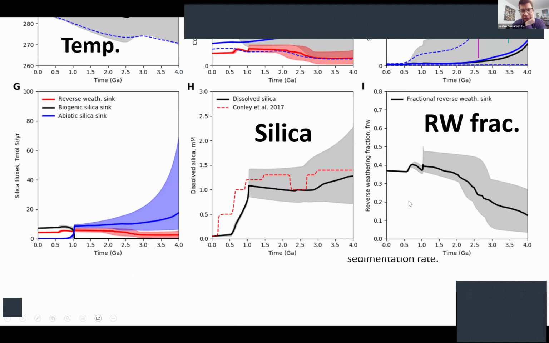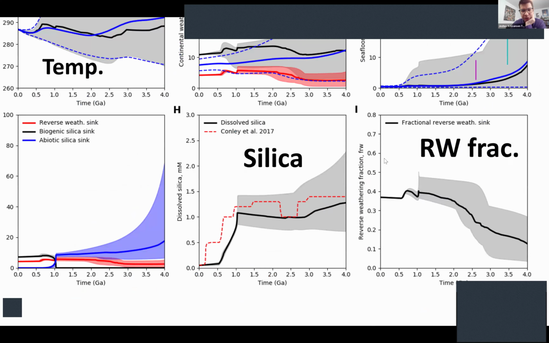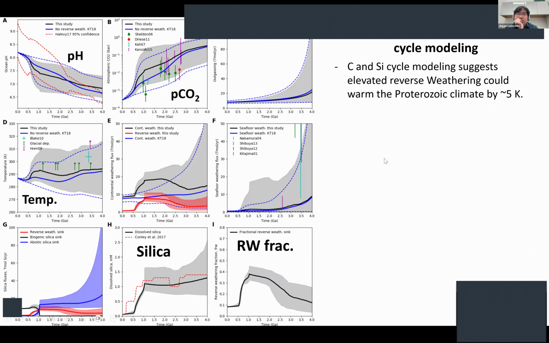You're referring to this weathering fraction and the other one, I think. Yeah. And your question is why silica remains high? Yeah. So this is partly a consequence of how you parameterize the abiotic sink of silica and reverse weathering.